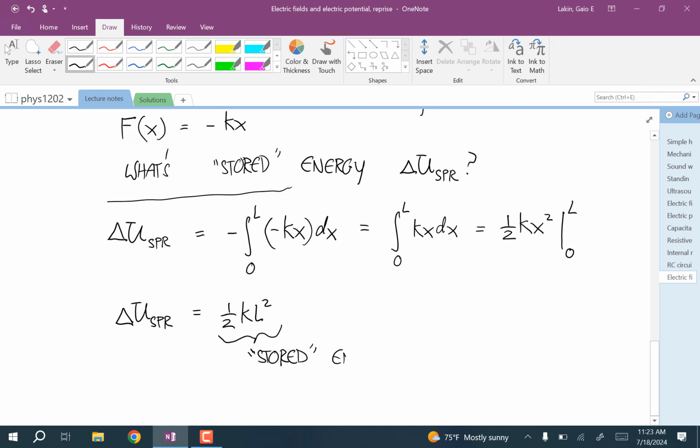Now we can use this exact same approach for electric fields. I'm going to stop using the quotes now around stored energy, because this is the way we actually talk about energy in electric fields.